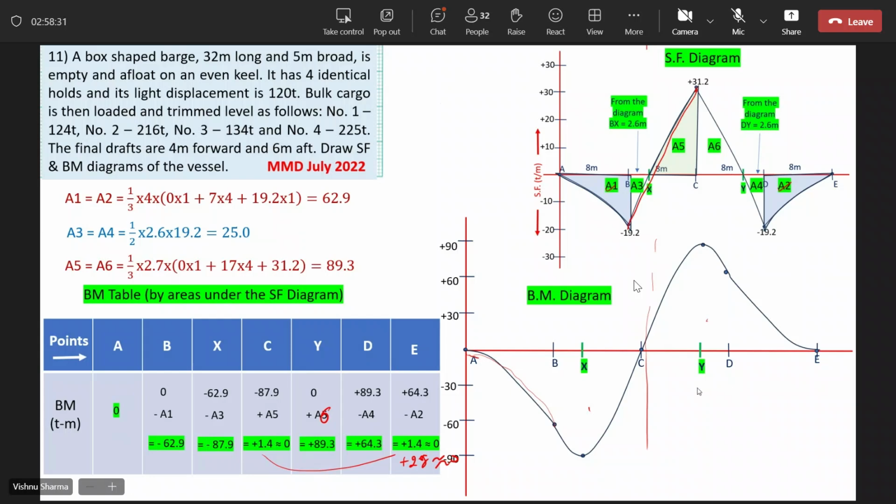But if you're mentally prepared, and even if the question changes, please tell yourself there is going to be no problem up to load diagram. There is no problem up to SF diagram. There will be slight discomfort for BM. And if you tell yourself like this, when you reach the BM stage, you'll be able to adjust.